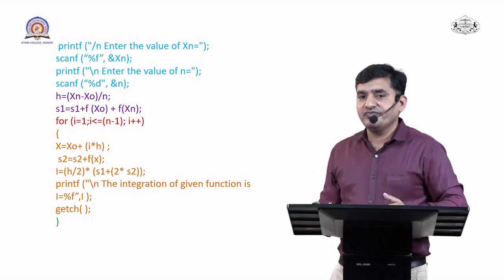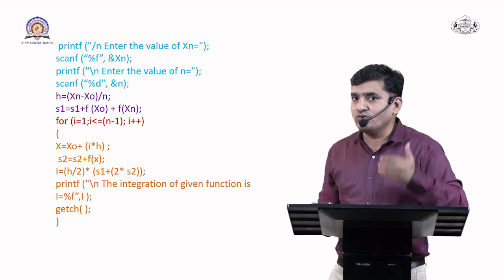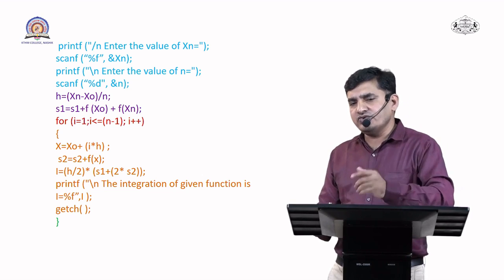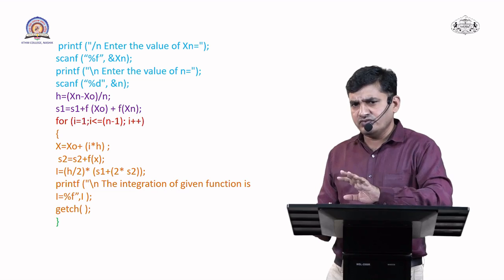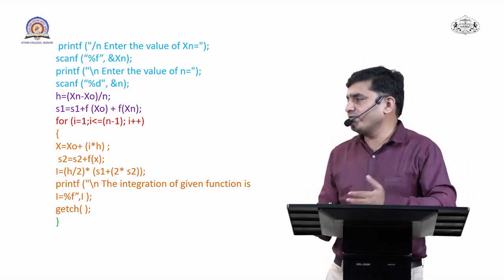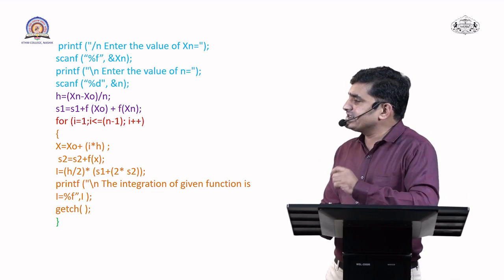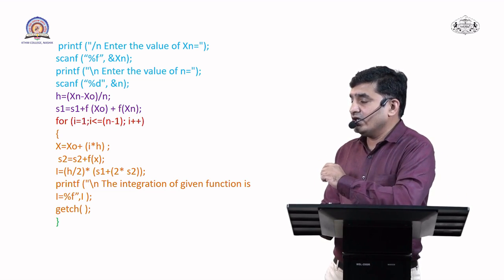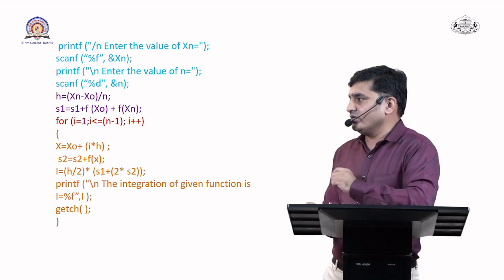Then calculate s2. s2 is equal to s2, where s2 is 0, which was initialized when we initialized the floating point variable, plus f of x.